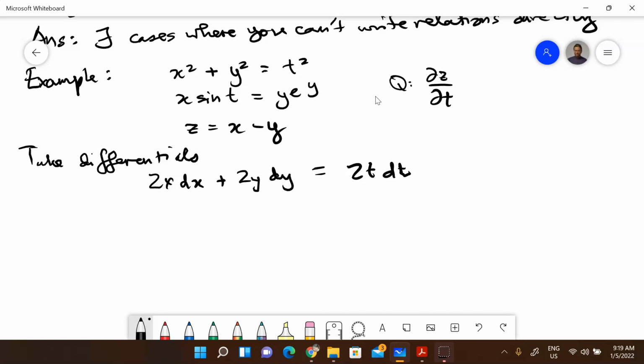Let's do the other equation. The other equation is this one. Since you cannot see the cursor, that would have sin t dx, and then you need to take the differential of sin t, so that will give me x cos t dt.